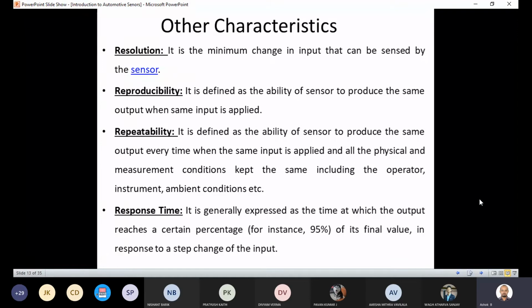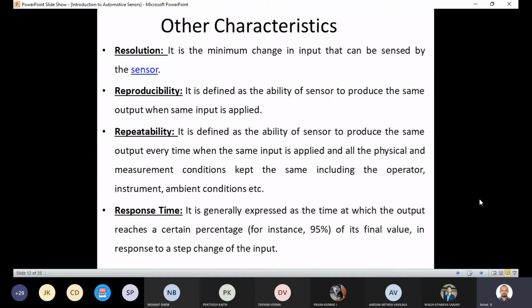There, a finer range has to be used. Then only the resolution of the sensor will be very fine. For a small change in input, how much change the sensor can give in output is called resolution.